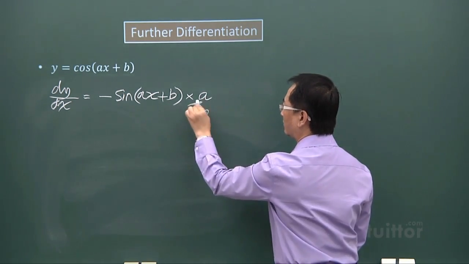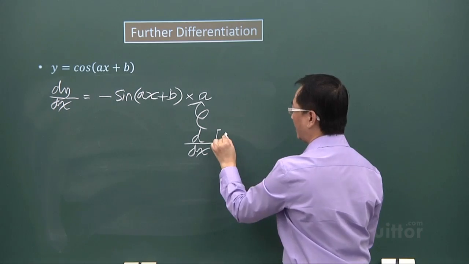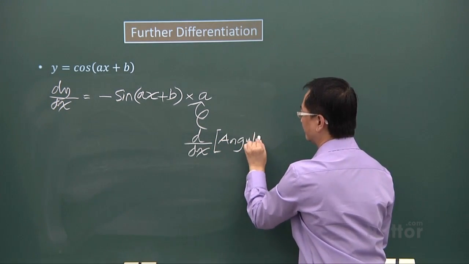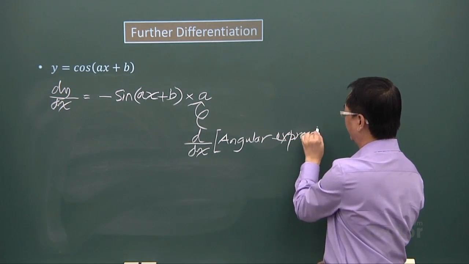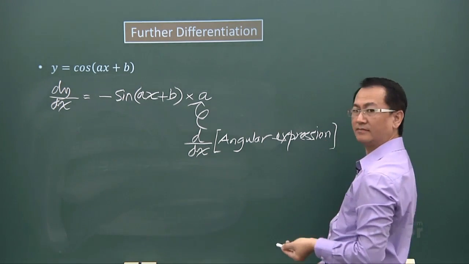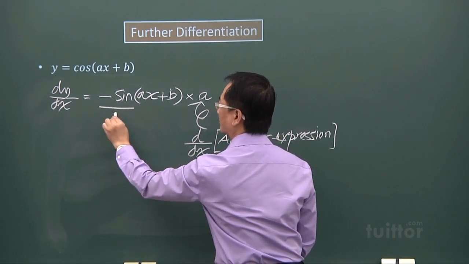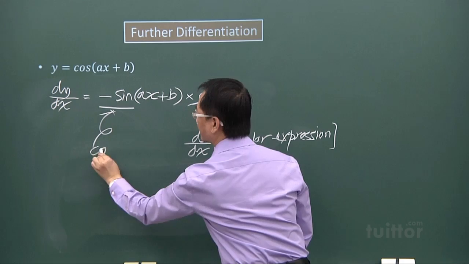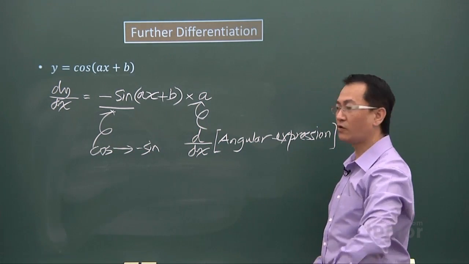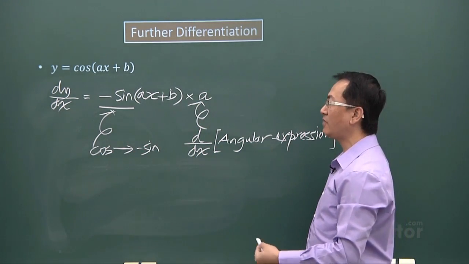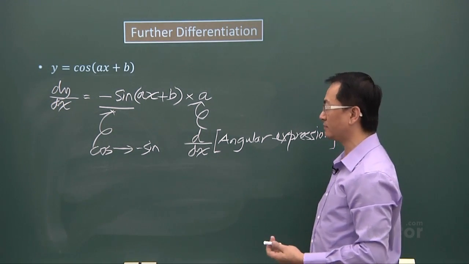So, just a reminder, this is d over dx of the angular expression. And this is just your result. Cos will become negative sine. So create the mental picture every time you do a practice so that this will become second nature to you.